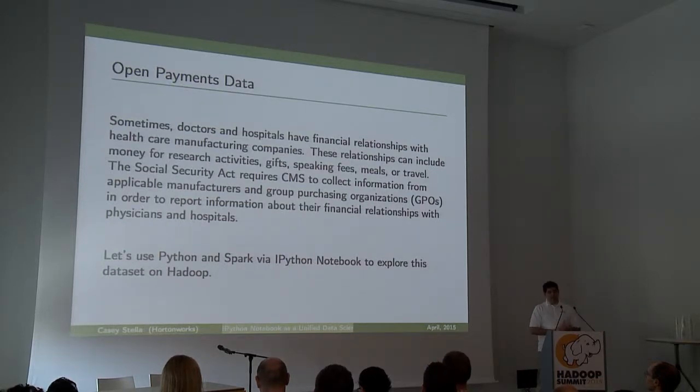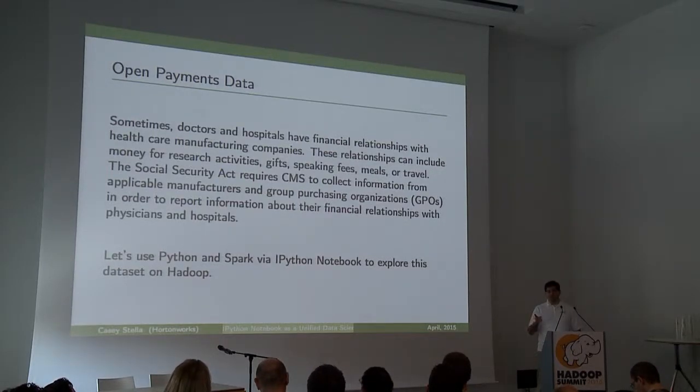They released a data set as part of the Social Security Act for all the doctors that interacted with our Social Security system. They had to report all of their relationships with all the different corporations out there, and how much and for what reason each instance was given. It's broken down into each individual instance. So if a company bought a doctor dinner, they would have to note it. It's a very interesting data set for doing sort of fraud analytics.